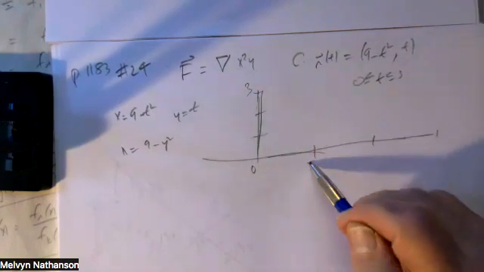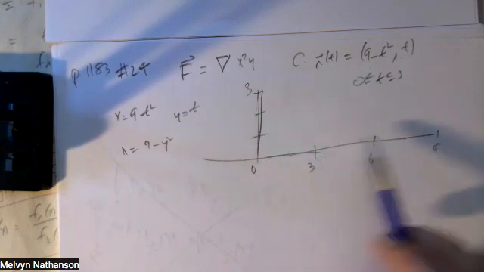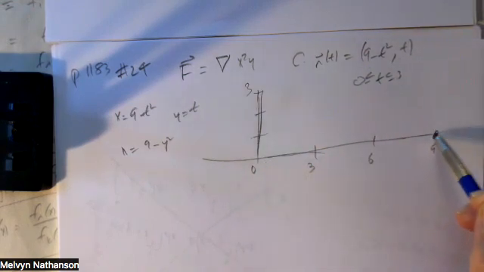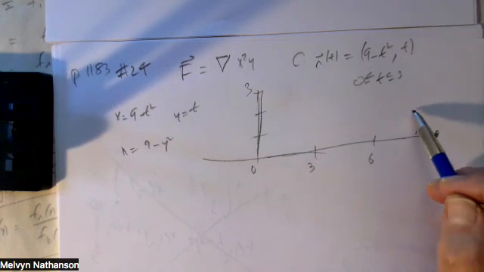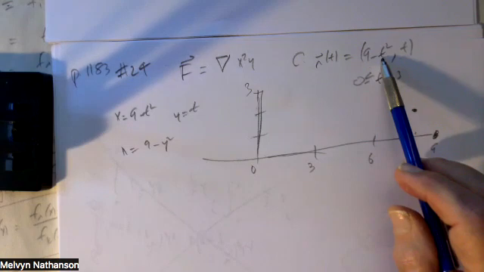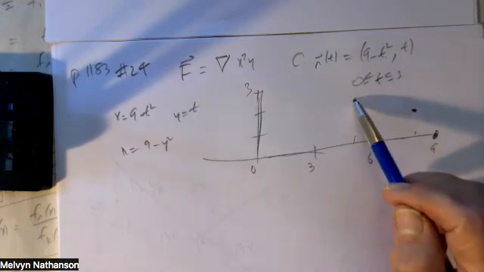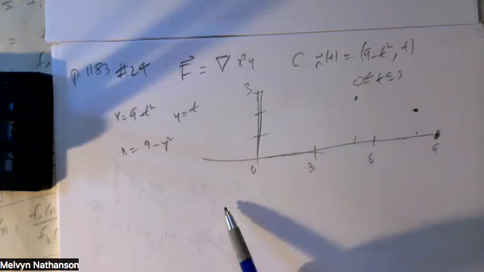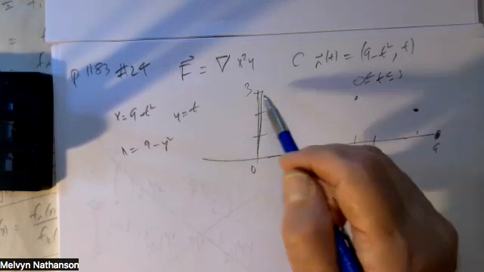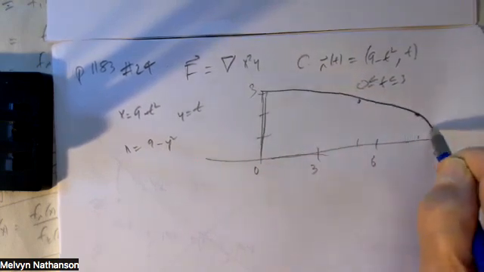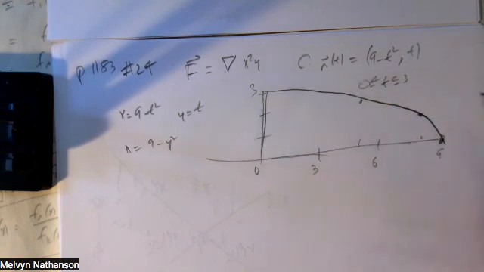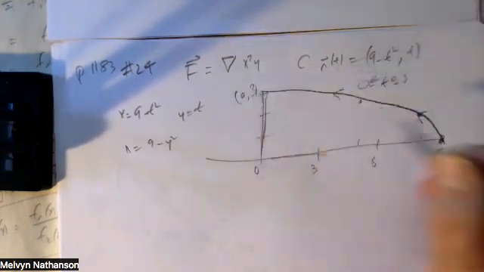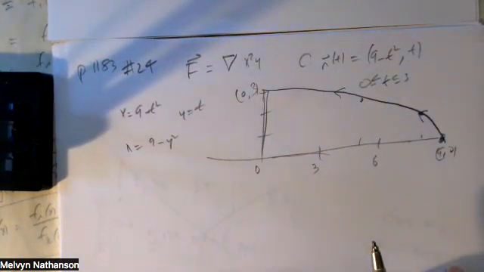When t is 0, we get 9, 0. When t is 1, we get 8, 1. When t is 2, we get 5, 2. And when t is 3, we get 0, 3. So we're looking at part of a parabola, moving along it from the point 9, 0 to the point 0, 3. So that's my curve. It's always good to draw a picture of something when you can.